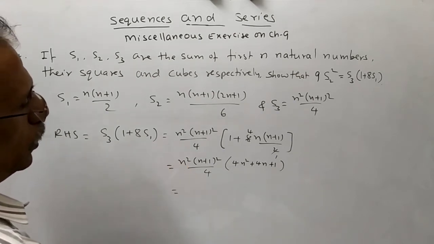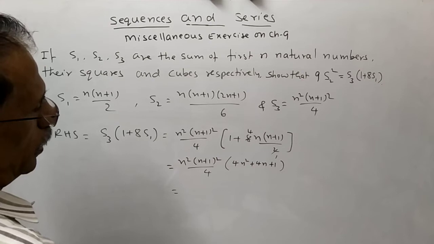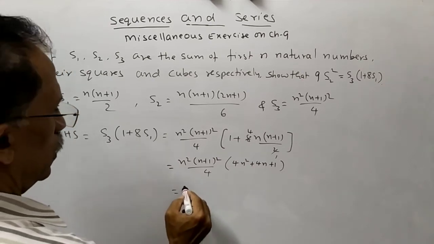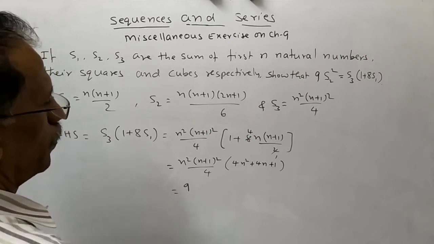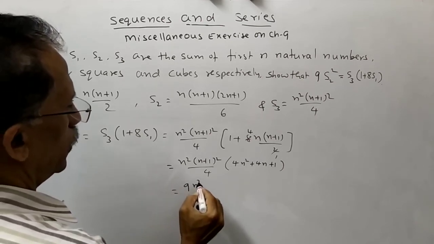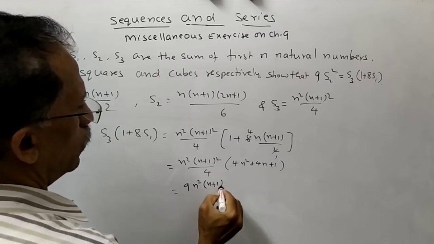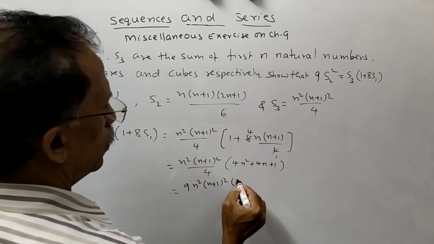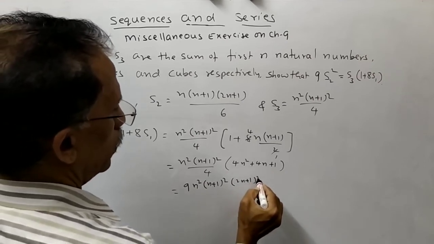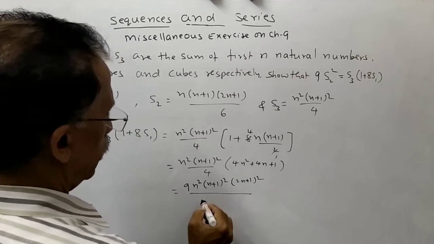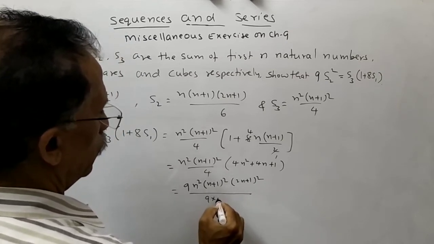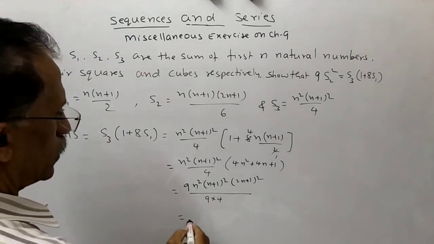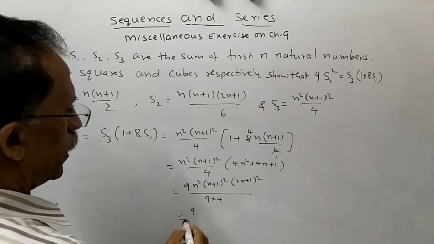This is equal to, just we are going to multiply both numerator and denominator by 9 so that we can get LHS easily. 9 into n square into n plus 1 whole square, and this is nothing but an expansion of 2n plus 1 whole square divided by 9 into 4. Can be written as 9, let us write as it is.